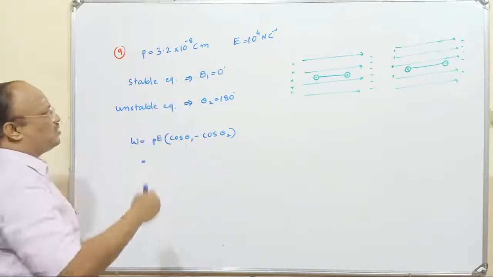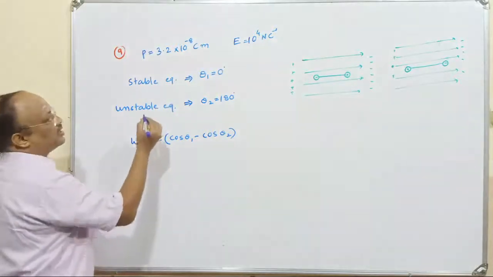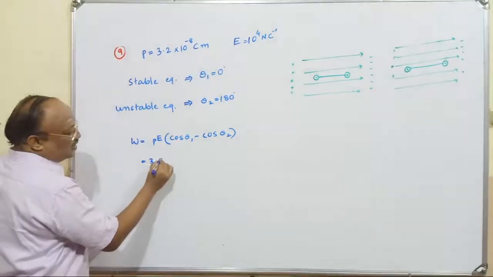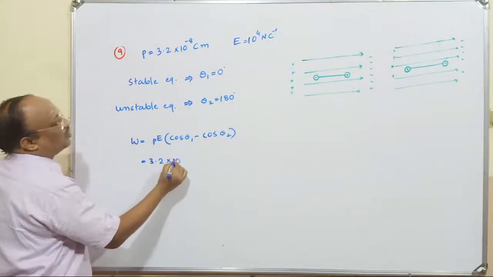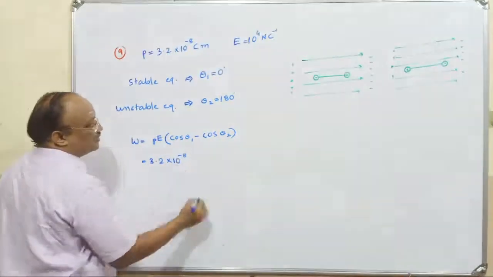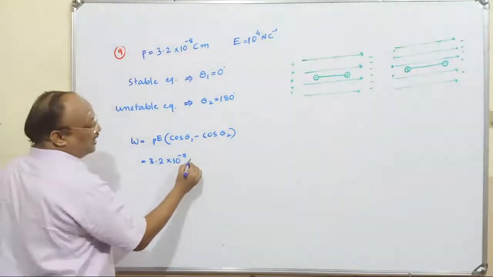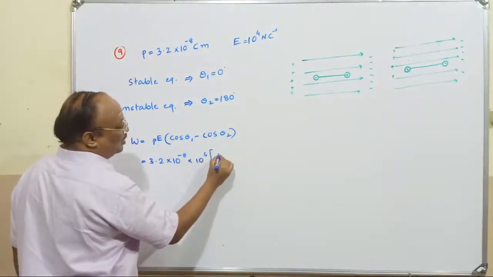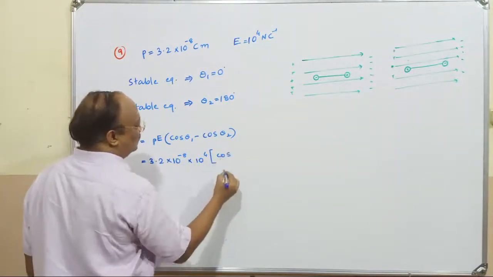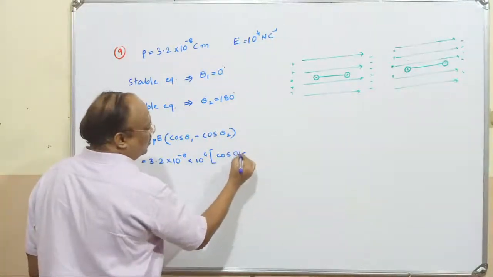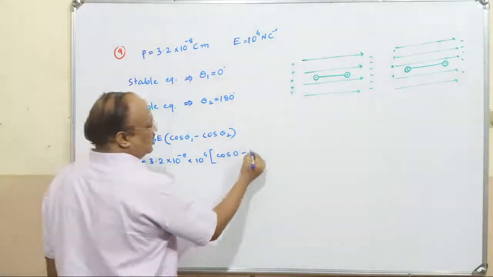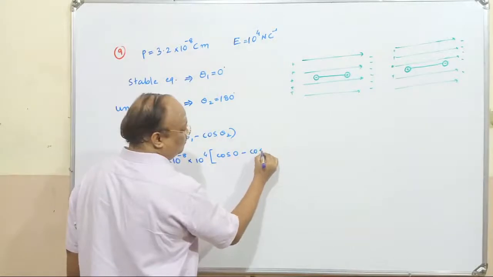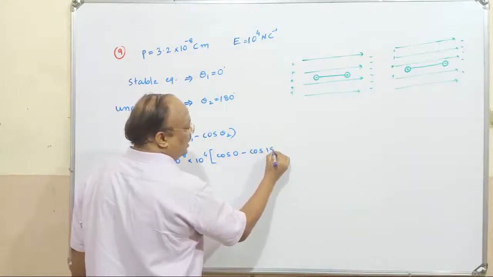So all the values you know there. The P value is given as 3.2 into 10 to the power of minus 8. The E value is 10 to the power of 4. Cos theta 1 is cos 0, minus cos theta 2, which is cos 180.